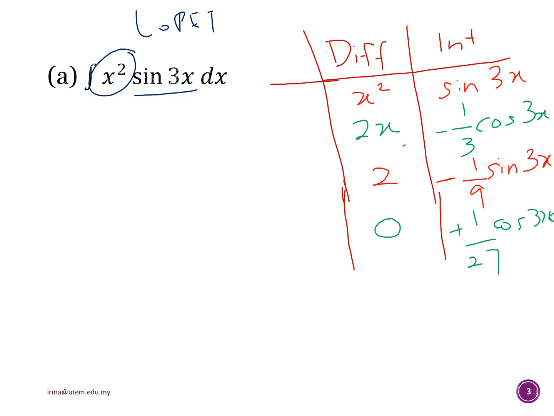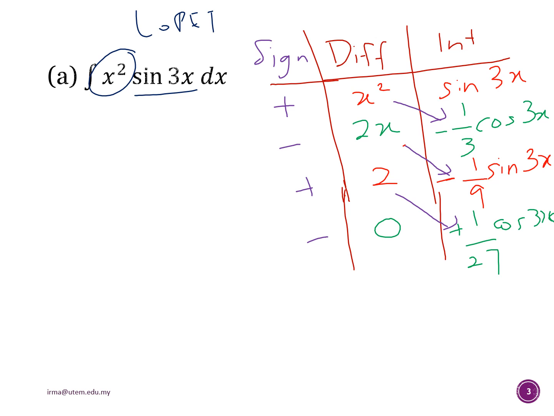Now we put the signs. We start with positive, negative, positive, and negative, and you multiply diagonally.